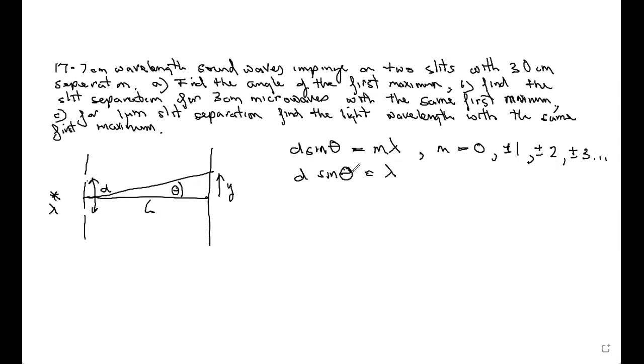And we're asked to figure out the angle, so we've got to just rearrange this. Sine theta will be lambda divided by d, the wavelength divided by the separation between the slits. And dividing the wavelength, 17.7 centimeters, by the slit separation, 30 centimeters, I got a value that is 0.59.